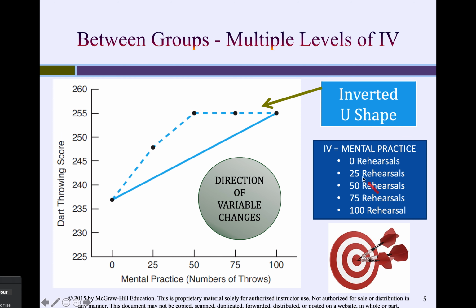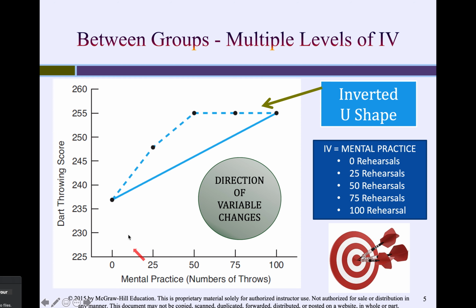So the persons were asked to rehearse in their mind 25 times, throwing the dart across the room to the board. Group 3 was asked to mentally rehearse 50 times. Group 4 mentally practiced 75 times. And then Group 5 mentally practiced 100 times, rehearsing in their mind, throwing the dart again across the room. And so we can see here, this is where their dart throwing score was.